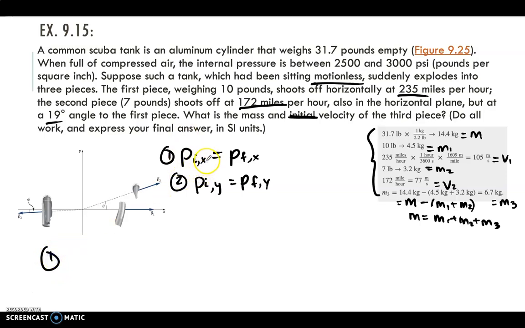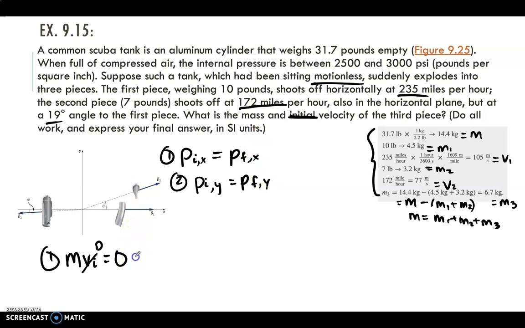So initially, our tank was motionless. So we didn't have any initial velocity. So our initial momentum, mv sub i, would just be 0 then, since our velocity was 0, okay?